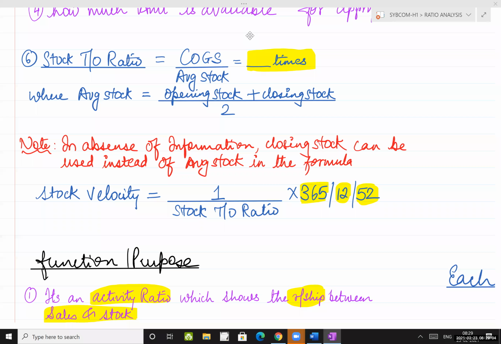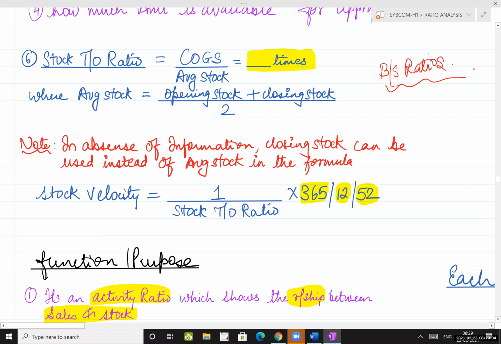Okay, next note down this: stock turnover ratio, COGS upon average stock. A related question on stock turnover ratio we had done under balance sheet ratios, if you remember.